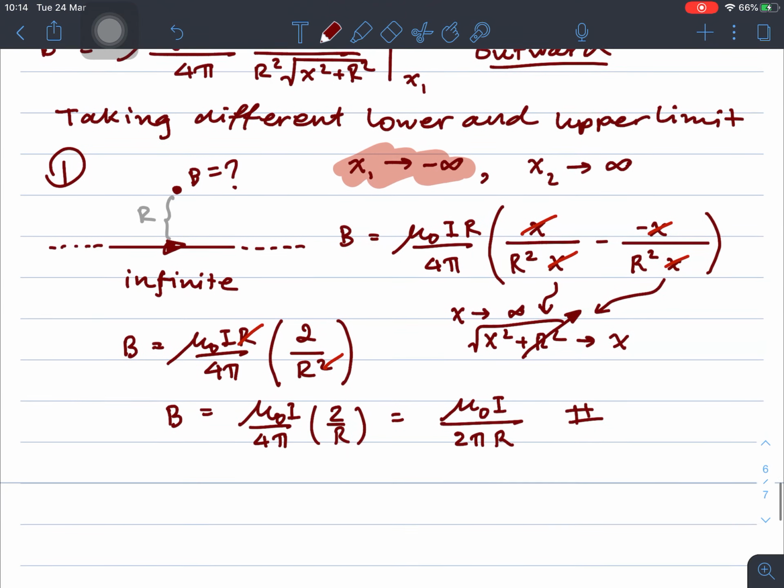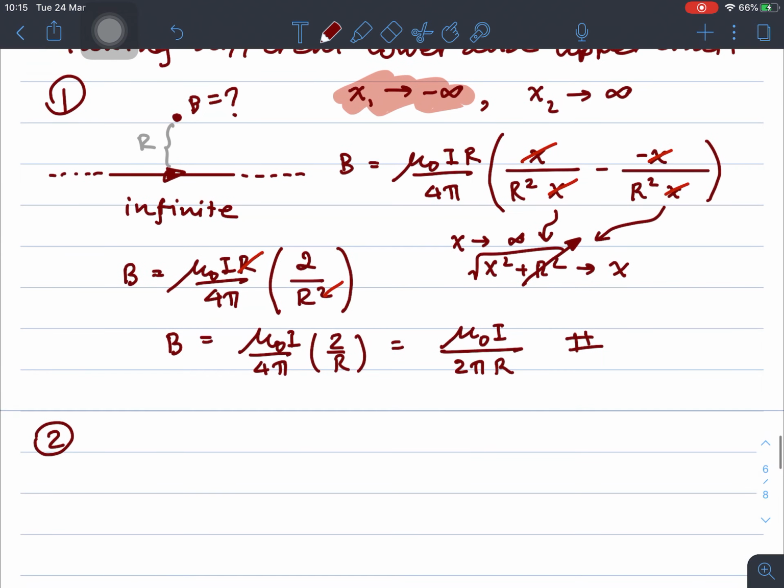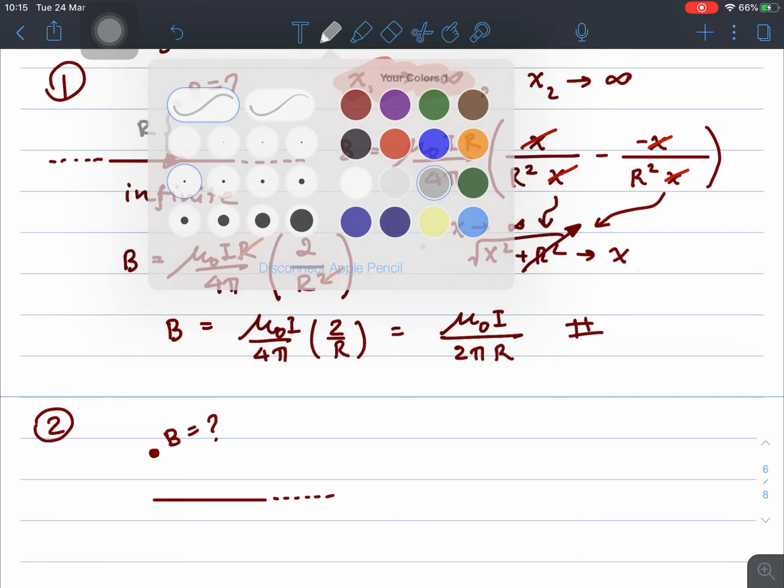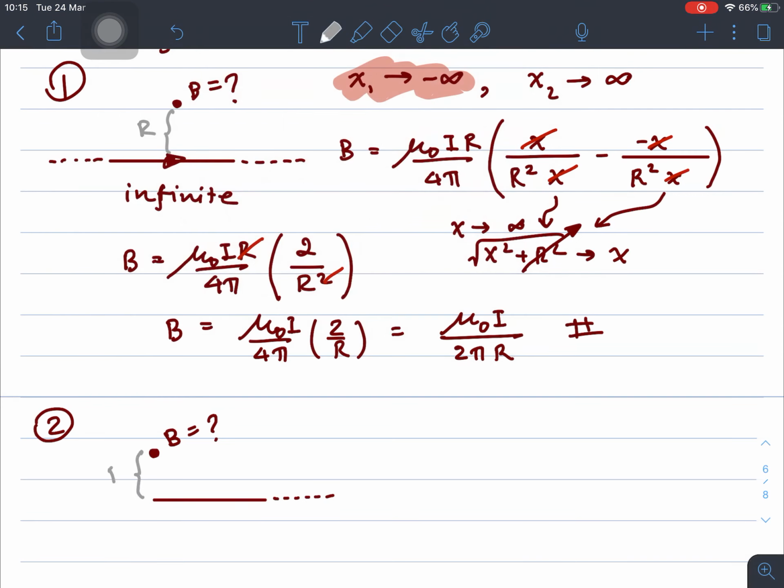For case number 2, for example, if I have a line that starts from here and extends to infinity, and I want to find the magnetic field here, then I'll just take the upper and lower limits. I'll take x1 equal to 0 and x2 approaching infinity.